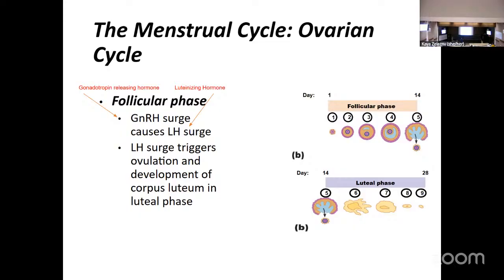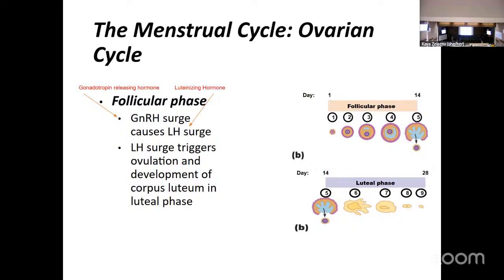Okay, so during the follicular phase, in addition to thinking about estrogen and FSH, we're going to be thinking about gonadotropin releasing hormone, GnRH, and a hormone called luteinizing hormone, or LH.